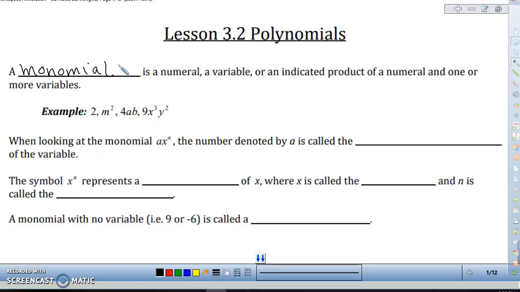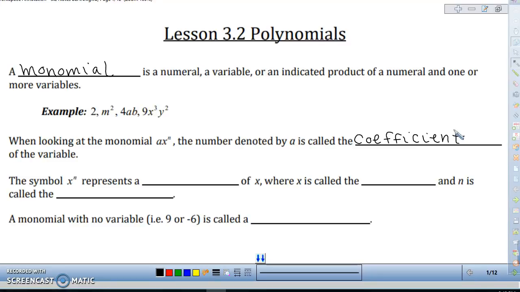When we're looking at a monomial, specifically a times x to the n, the number denoted by a is what we call the coefficient of our variable.